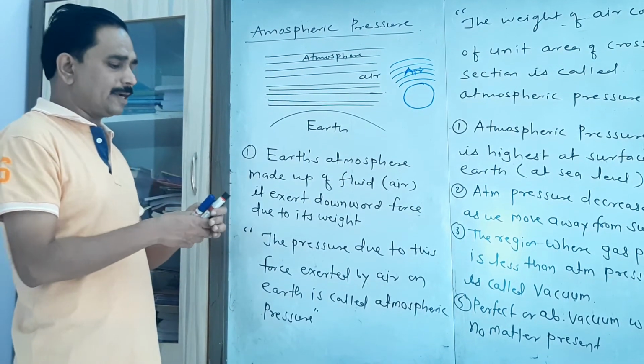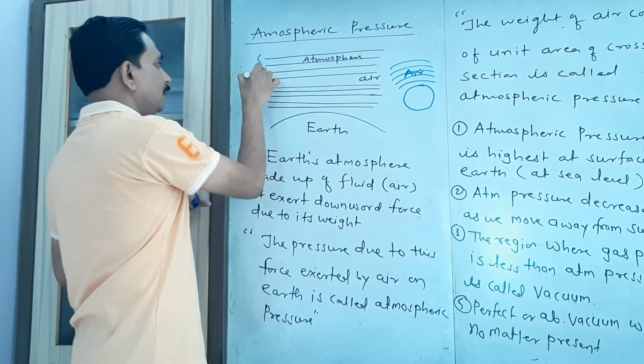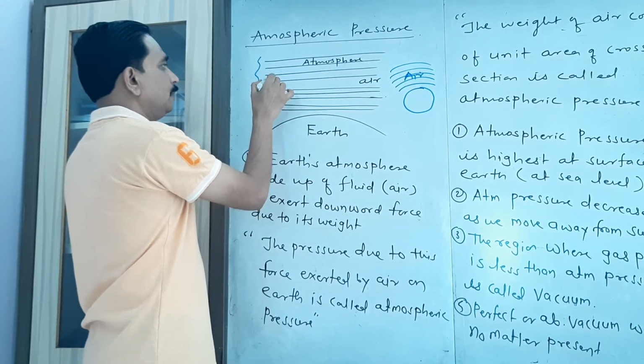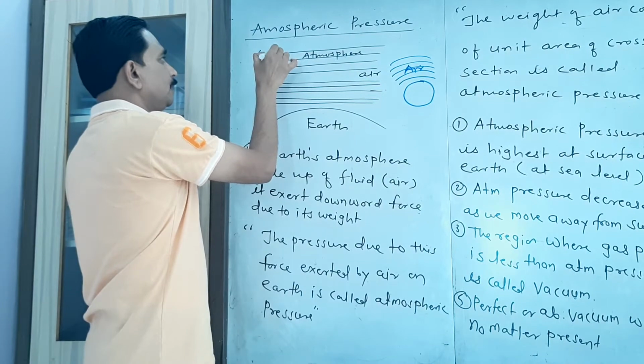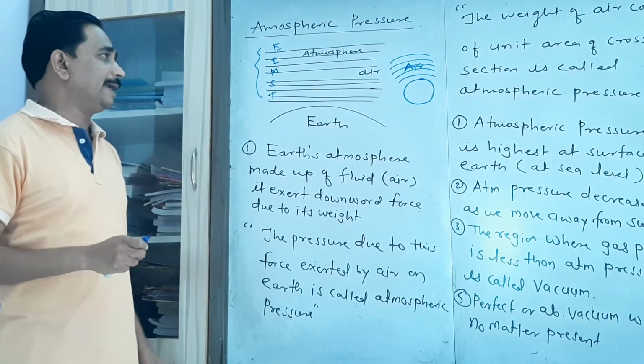Now when we consider the different layers of the atmosphere, that is the troposphere, stratosphere, mesosphere, ionosphere and the exosphere, which we will study in detail later on.